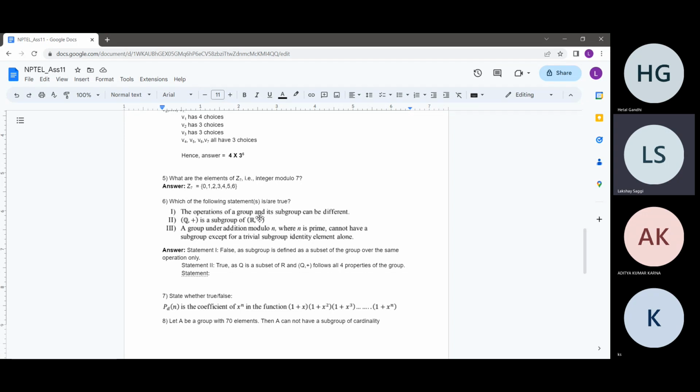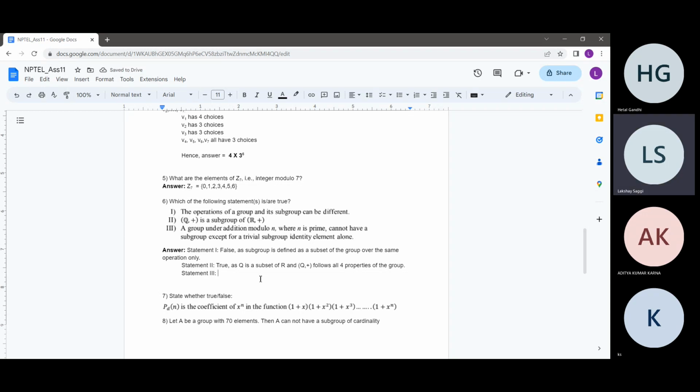And the third thing we checked was that the operation defined should be the same in the group as well as the subgroup, which was statement one, saying that the operation of a group and subgroup can be different. It was false, so they can't be different. So we need to check whether both of these operations are the same, and yeah, both are additions only. So by these three things, we can say that it is a subgroup. Now let's come to statement 3 then.